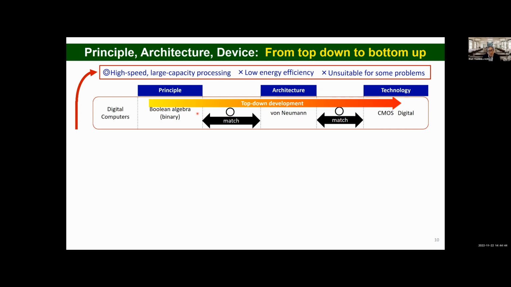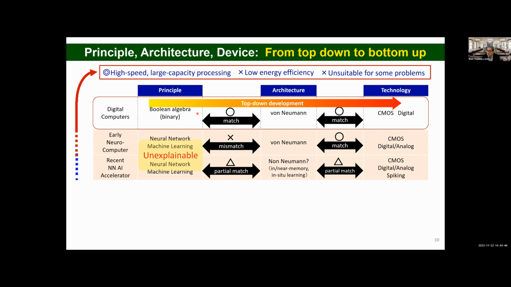Okay? Actually, there have been some efforts to make brain-like computers, and this one is the early neurocomputer, around 1980 to 1990, based on neural network or machine learning principles. However, at that time the hardware used von Neumann type computers, so there was a big mismatch between principle and architecture.